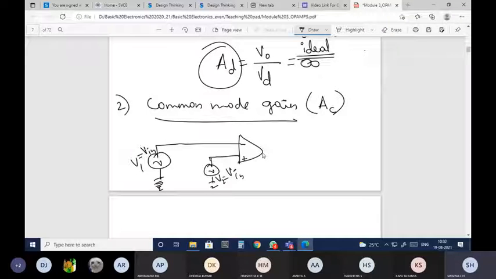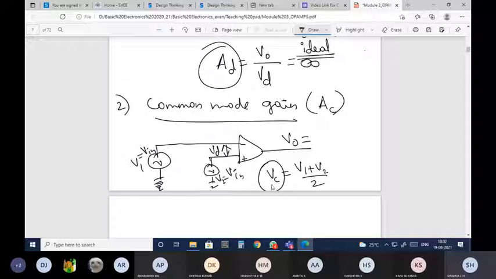If both the signals are the same, then actually your output should be equal to 0. But as I mentioned, it will not be equal to 0. Along with the difference, it will also amplify the average between the two signals. The average between these two is given by V1 plus V2 by 2.